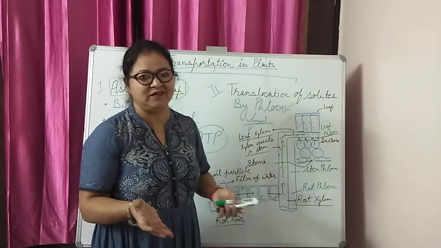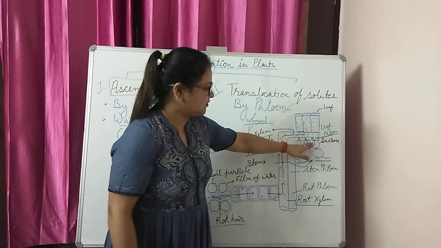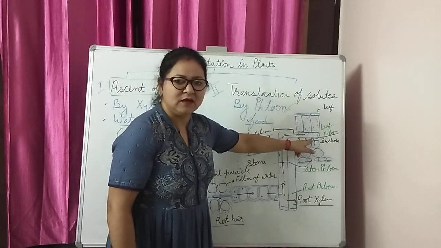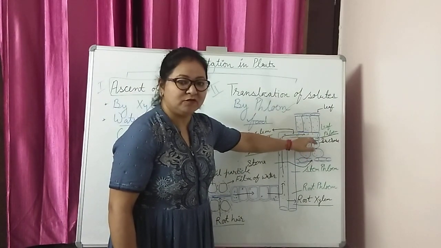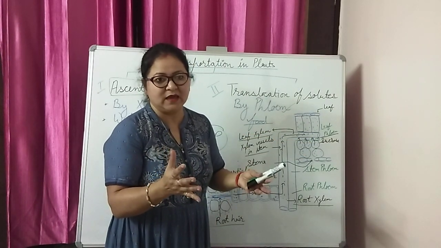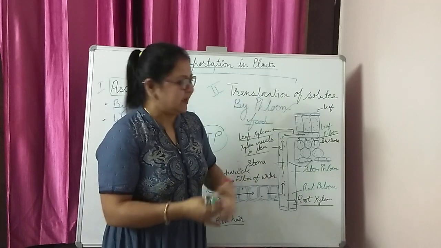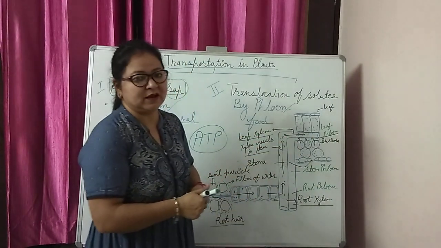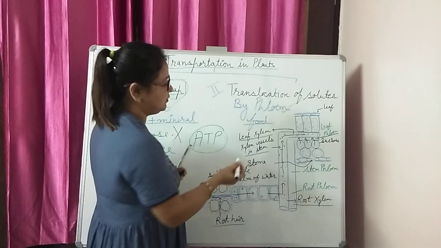It creates a pressure. First the solute comes inside the phloem, then the water from the adjacent cell, and it makes a bulk. This creates a pressure, and it will move the material to the direction where it is needed.